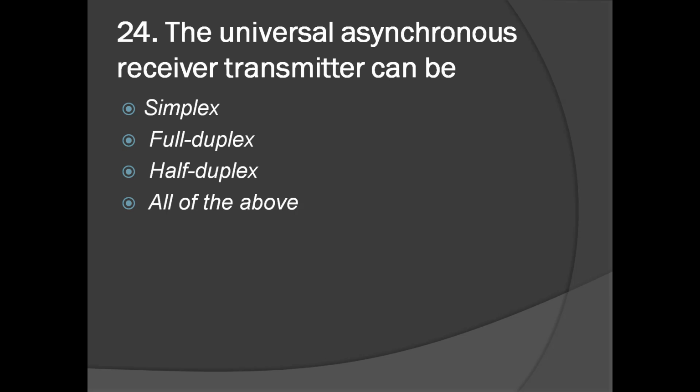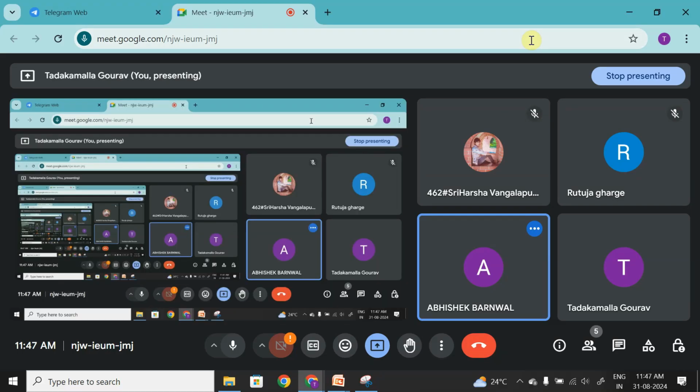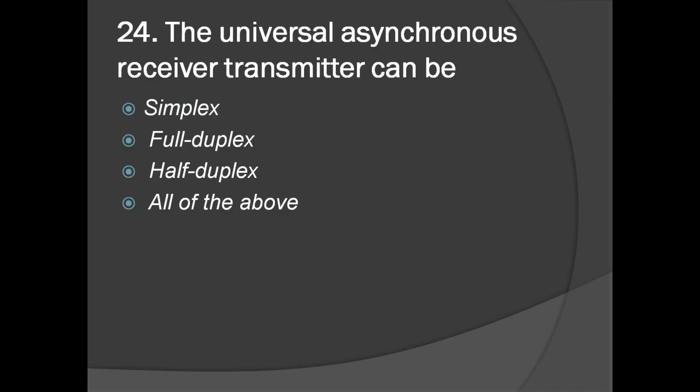Next, UART receiver transmitter can be simplex, full duplex, half duplex, and all of the above. Sir, all of the above. Everyone agree with this? These are all of the above, but mostly we are using half duplex.